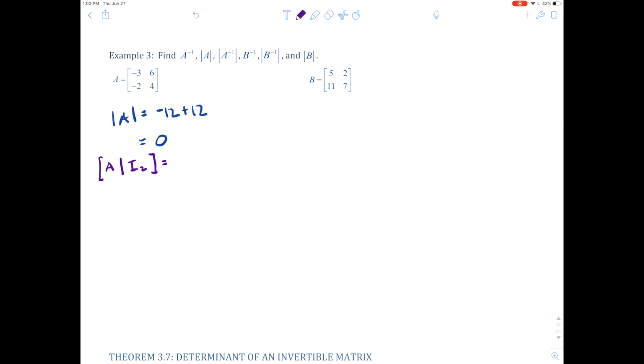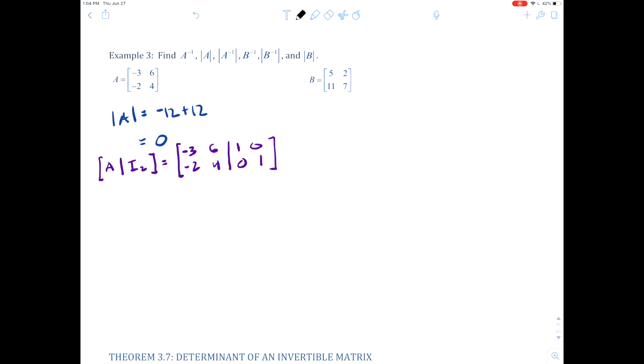And that's going to equal negative 3, 6, 1, 0, negative 2, 4, 0, 1. So I have joined the identity matrix to the matrix A. And I need to do my row operations. So let's see what we have.